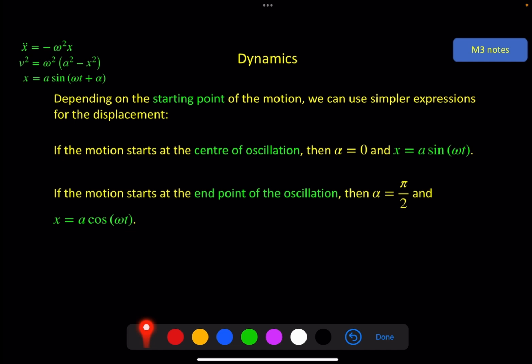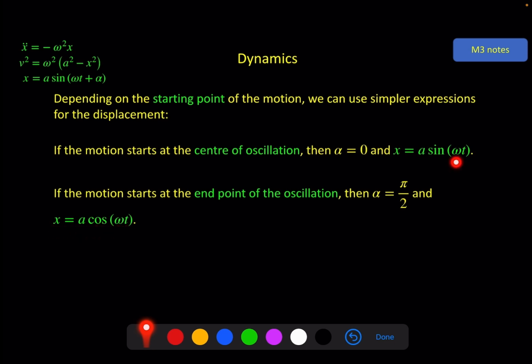If the motion starts at the end point of the oscillation, then alpha, if you put in the boundary conditions t equals 0, x equals a, the maximum displacement, the end point, then you will work out that alpha is equal to pi by 2. But if alpha is equal to pi by 2, we know that sine theta plus pi by 2 is the same as cosine of theta from trigonometry work long past. So you can change that into x equals a cosine omega t.